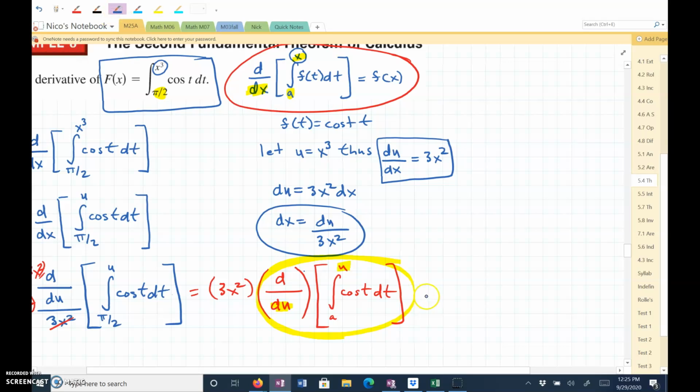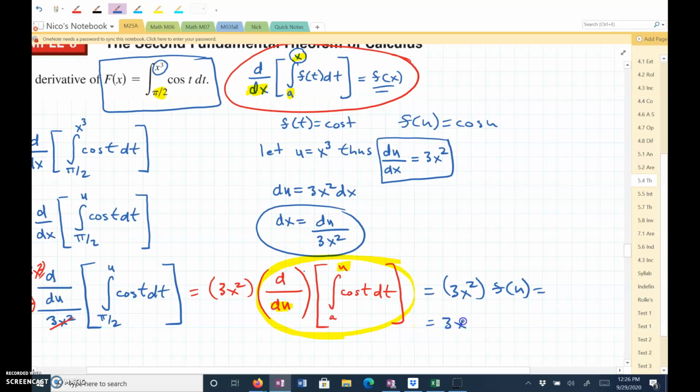So this is going to be equal to this 3x squared, that would still be out in front. And instead of being equal to f of x, this is going to be equal to f of u. Where if f of t is cosine of t, then f of u must be equal to cosine of u.